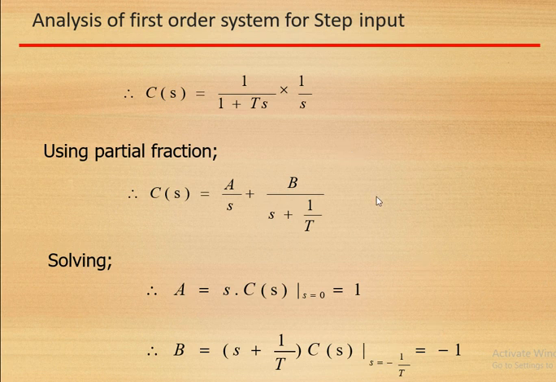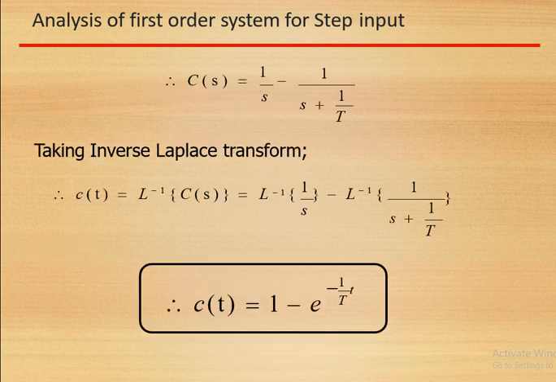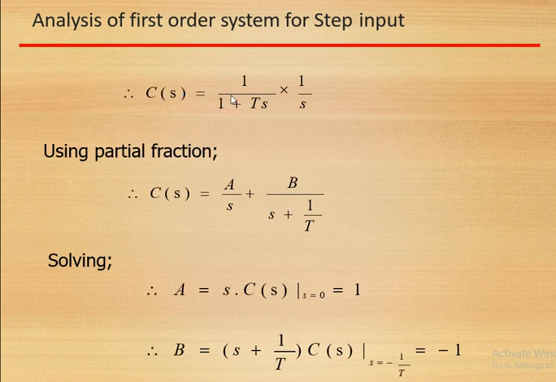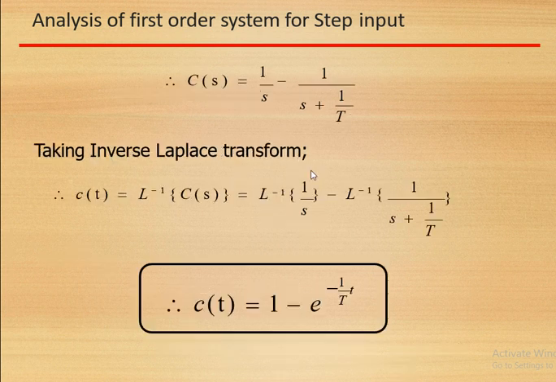Let's put the values of 1 and -1 in this equation. After putting the values here, I get C(s) is equal to 1 upon s minus 1 upon s plus 1 upon T. This is the C(s) that I have finally got after calculating the values of A and B. Now, till now we have discussed the transfer function of the output only.